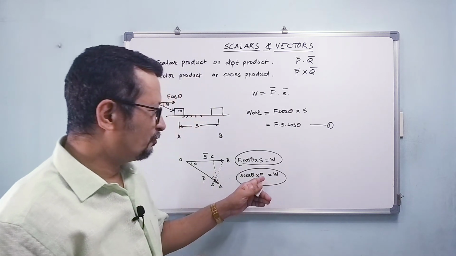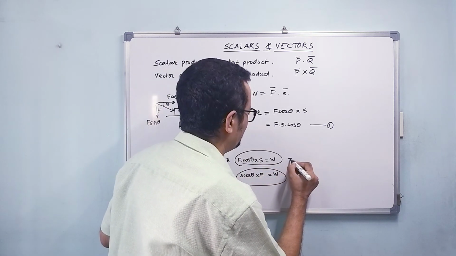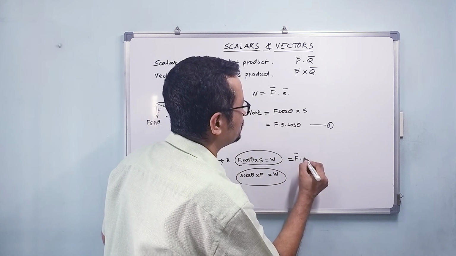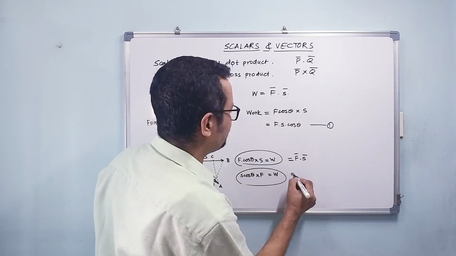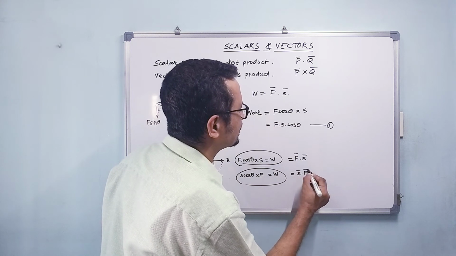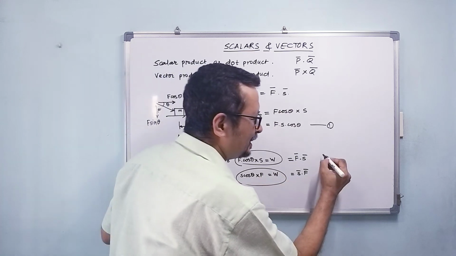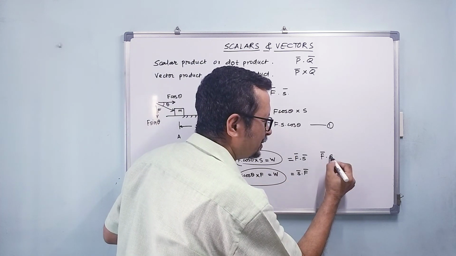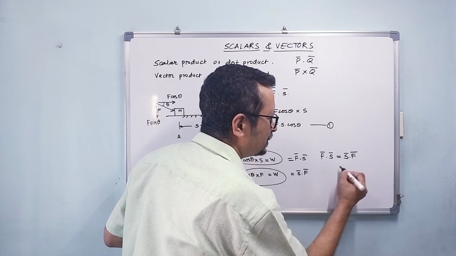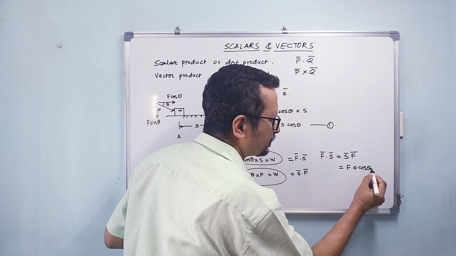So my work done is equal to, if I take this, F bar dot S bar, and if you take this, S bar dot F bar, correct? So it clearly shows that F bar dot S bar is equal to S bar dot F bar is equal to F into S into cos theta.